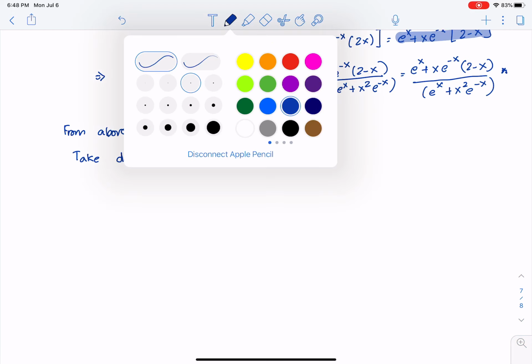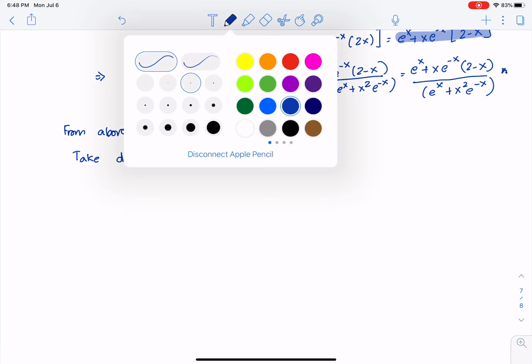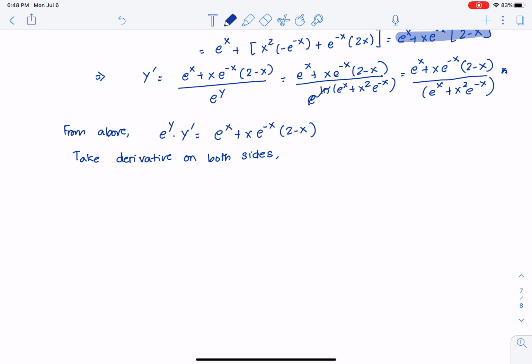So the derivative of e raised y is simply e raised y times y prime. So I will have u v, so the derivative is u v prime.